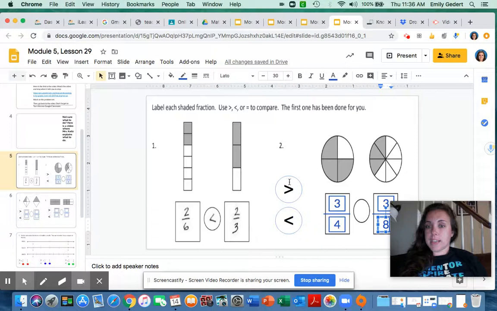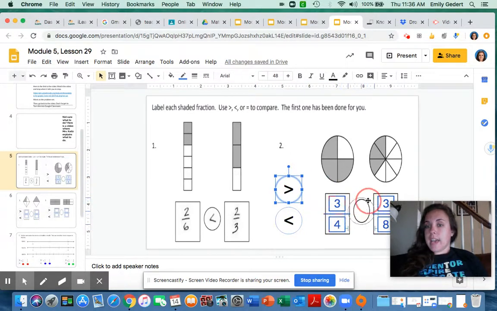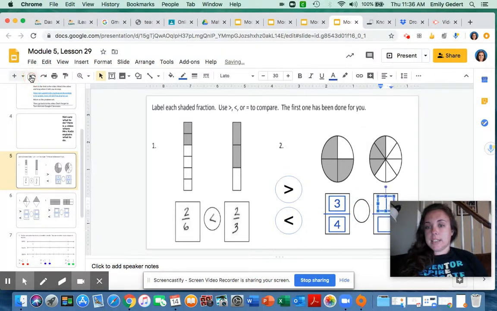It's going to try to be the capital I. It's going to try to be the pointer, but move your cursor so it's that 4-pointed arrow. Click, hold it down, and drag it over. Now I know it won't fit perfectly on there. That's okay as long as I can see that you moved the greater than symbol. Again, if you make any mistakes, just hit this back arrow to undo it.